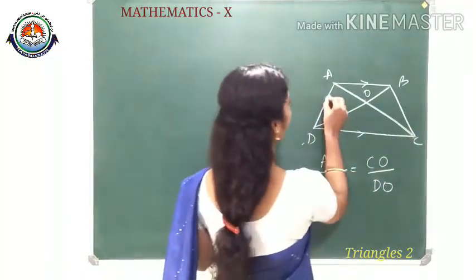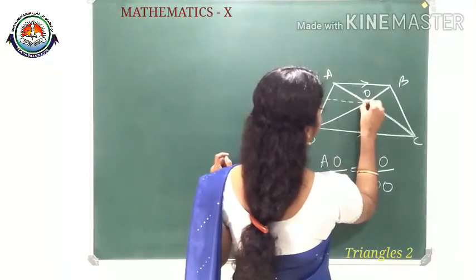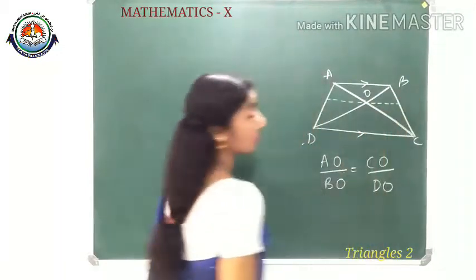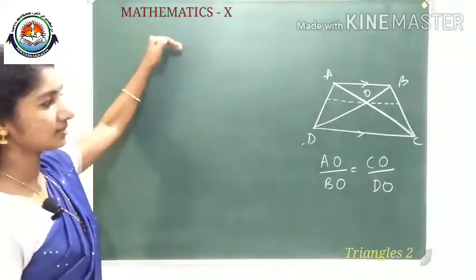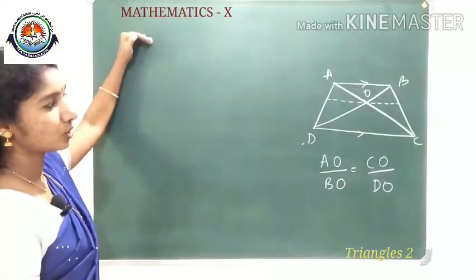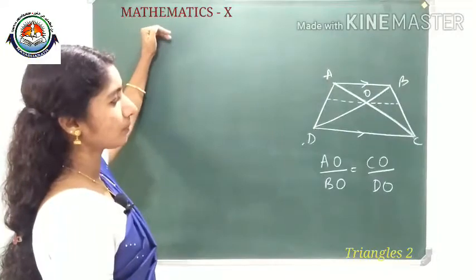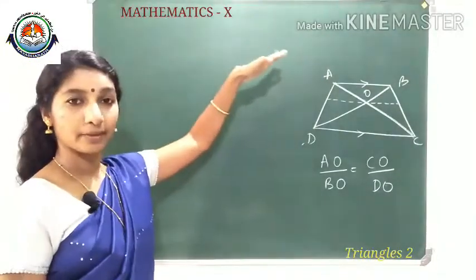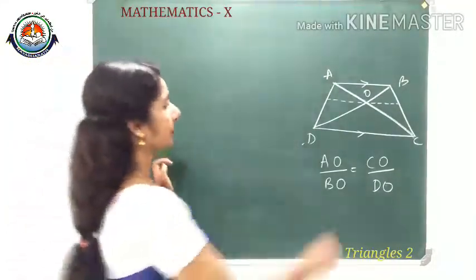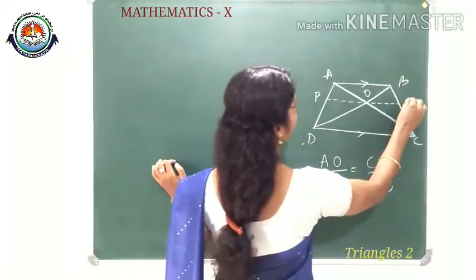So we can draw a line which is parallel to AB and passing through O. You need to start its proof like this. Draw or construct a line parallel to AB and passing through O. We can give its name as PQ.